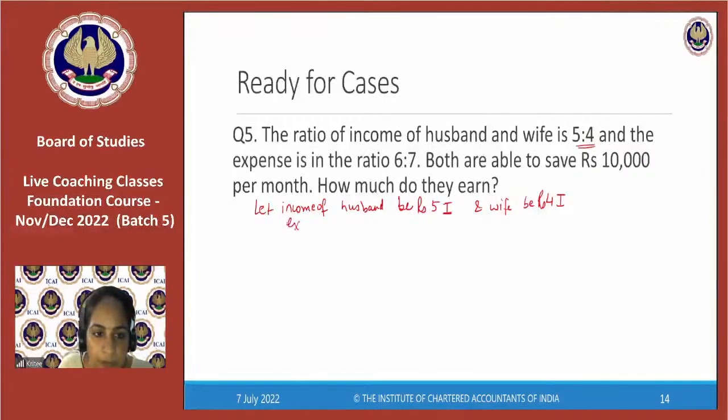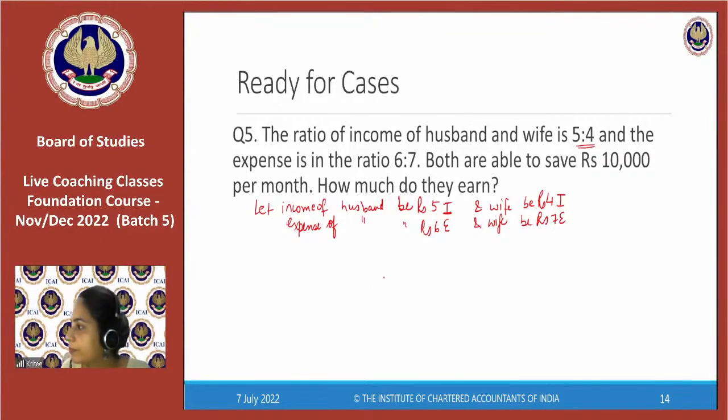And then I have been given expense. Expense of husband be rupees 6E and wife be rupees 7E. What is saving? Saving is your income minus expense. Both of them are saving 10,000 rupees.